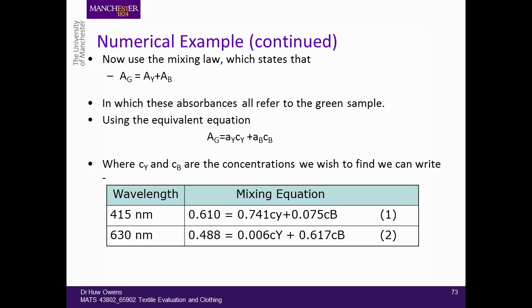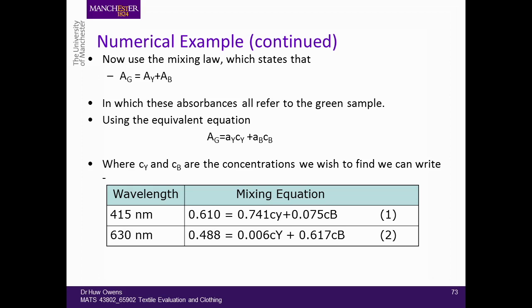We've got 2 points. So we've got a point at 415 nanometers, and if we substitute the values that we know into here, then we've nearly got everything we need. We've also got information at 630 nanometers. Again, we can substitute the values in that we know.